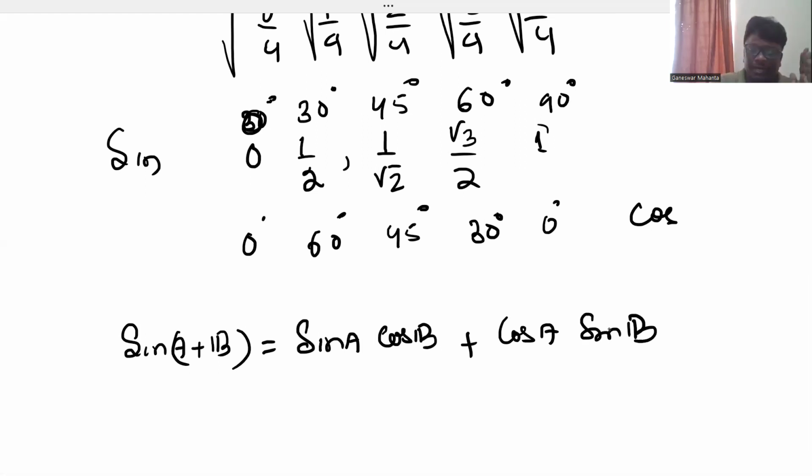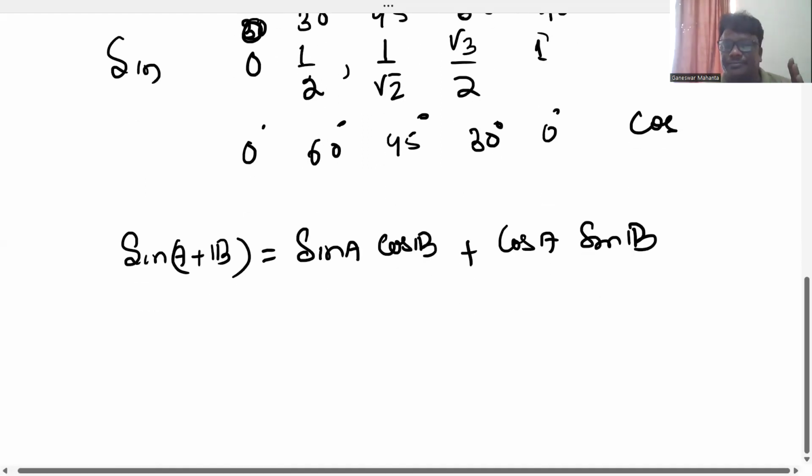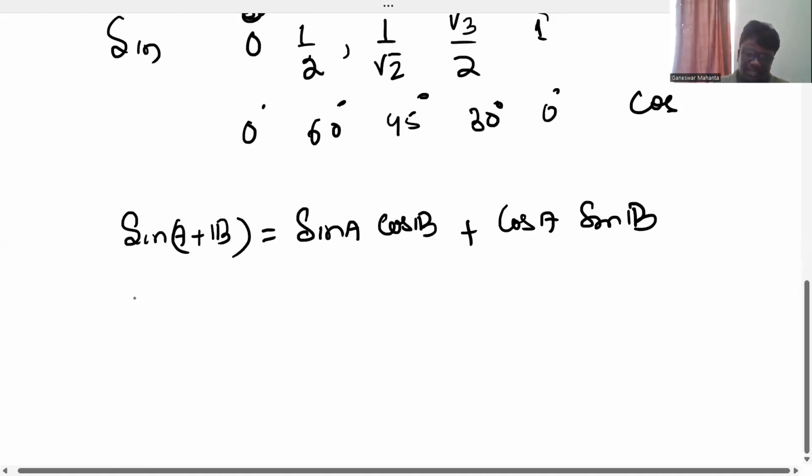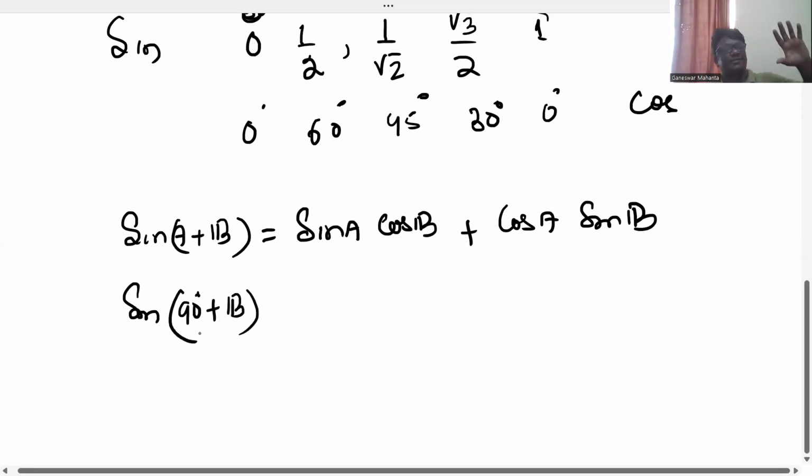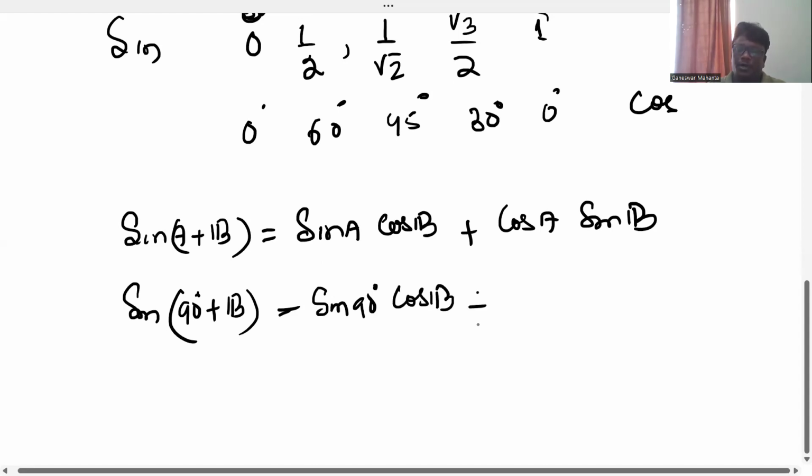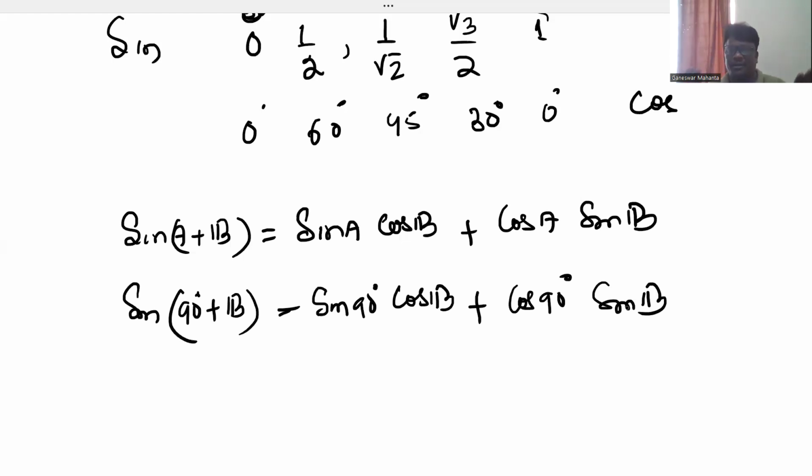What is the value when A is substituted as 90 degree? For sin 90 plus B, when more than 90 degrees, sin A is 90 degrees: sin 90 cos B plus cos 90 sin B. From this result, just remember that sin 90 value and cos 90 value are given.